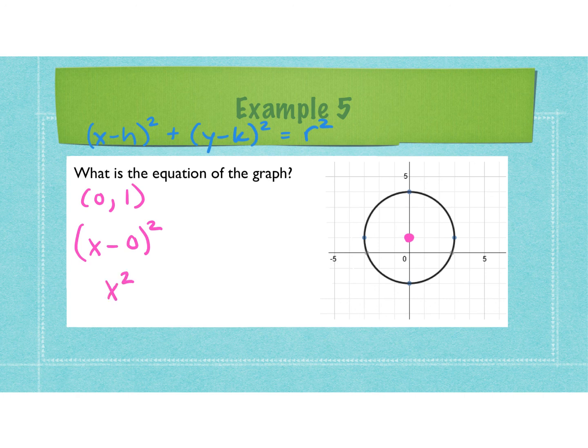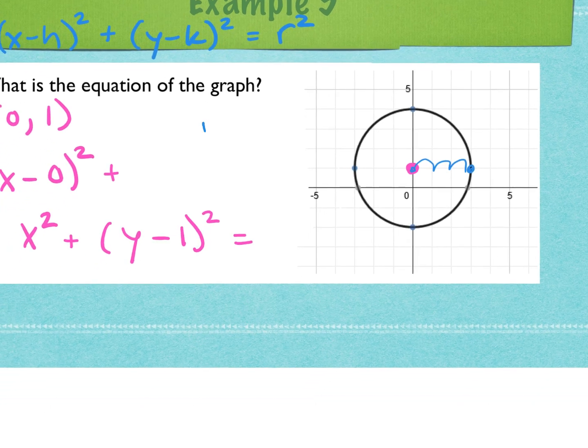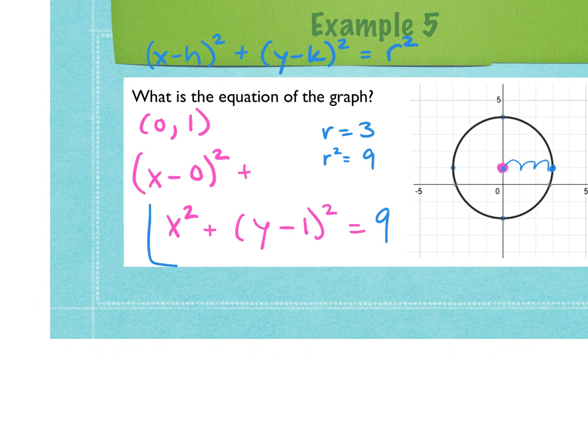So x squared. And then I have plus y, what comes next? Minus 1 squared. And then that's going to be equal to my radius squared. What's the length from the center to the end of the circle? 3. So my radius is 3. What's my radius squared? 9. Awesome. So this is my standard form of my equation of the graph.